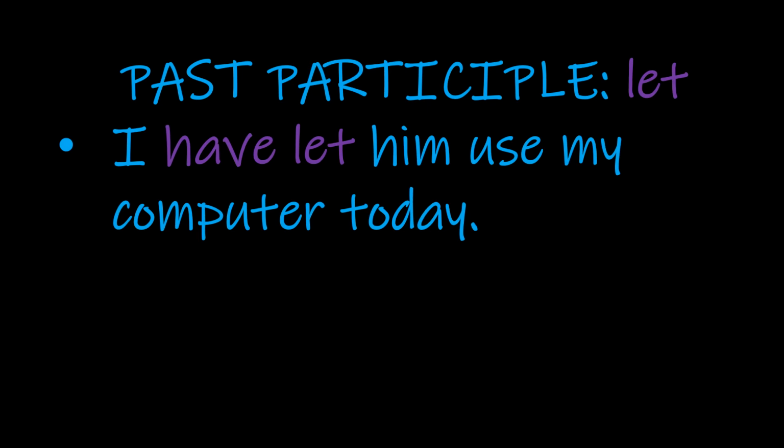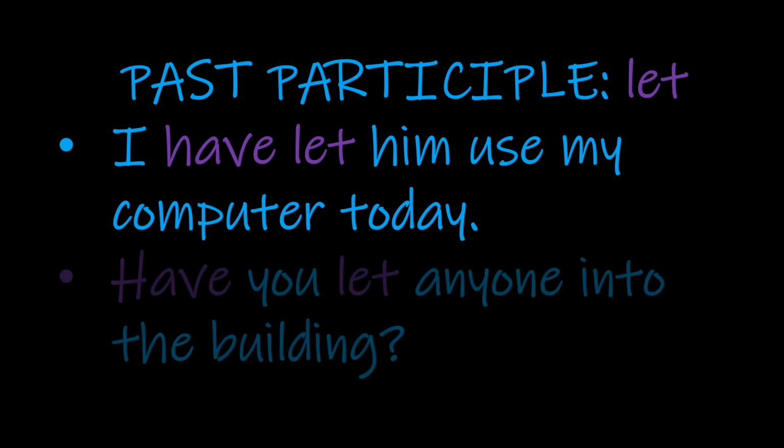So the way that we know when we're listening to somebody or reading something, the way that we know where we are in time is by looking at the rest of the sentence. So we know have let, okay, present perfect, and then we've also got that time reference today that helps us to place our verb, to understand which tense is being used.